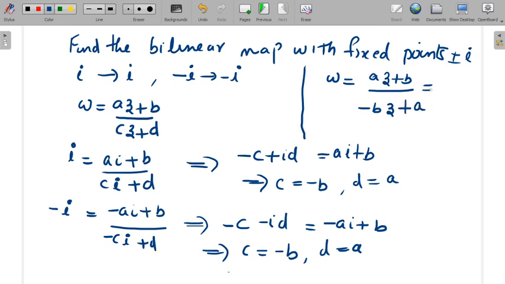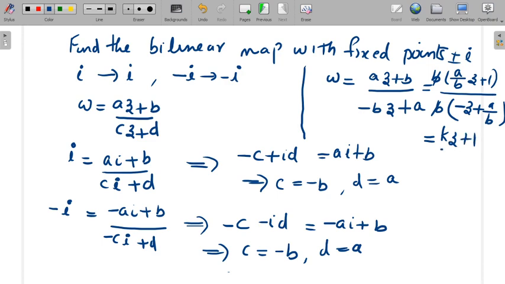So you may take that b outside and cancel it. So if you take b outside, we get ((a/b)z + 1)/(minus z + a/b). So you can cancel this b and we can write this as (kz + 1)/(minus z + k), for k is a constant.